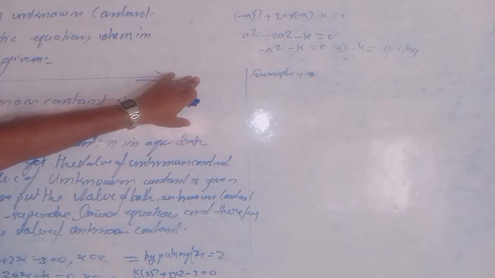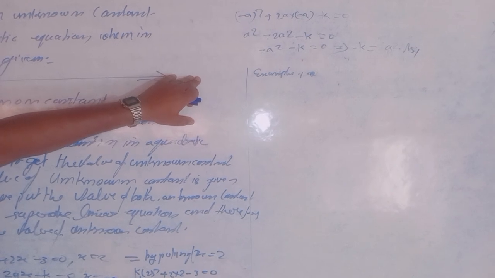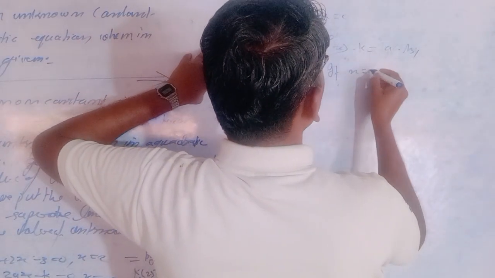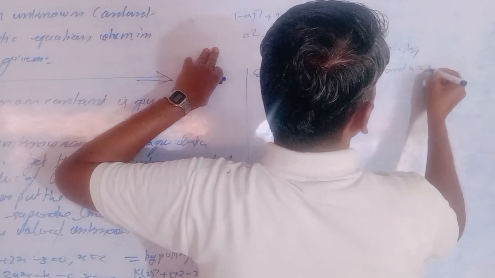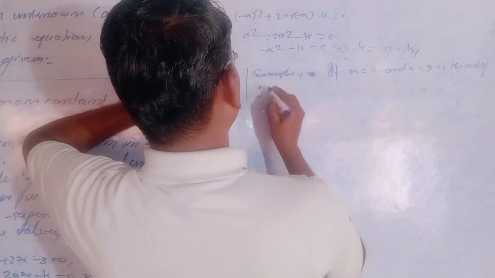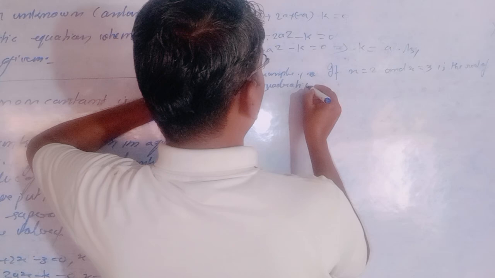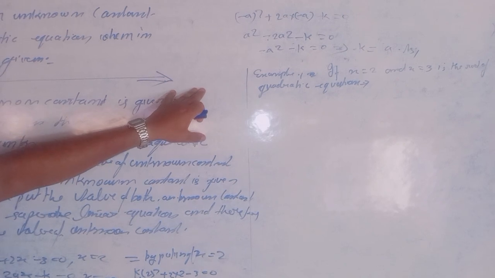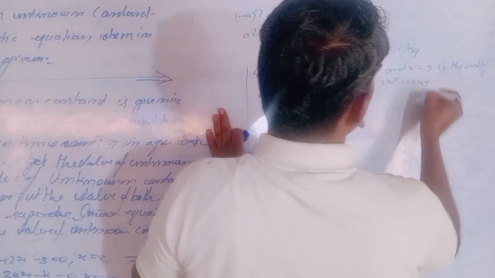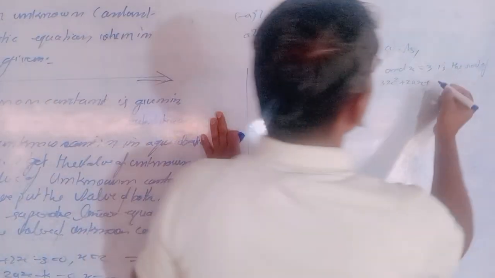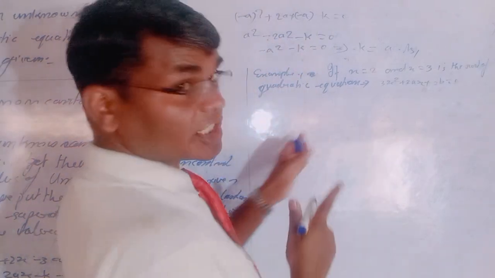Here, if x is equal to 2 and x is equal to 3 are the roots of the given quadratic equation. Here is the quadratic equation: 3x square plus 2ax plus 2b is equal to 0. So this is the equation given.